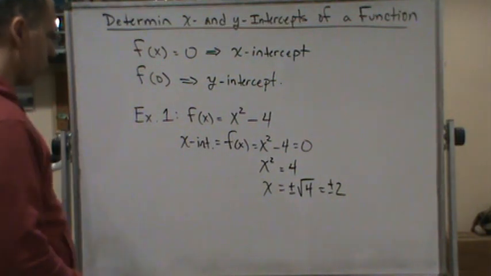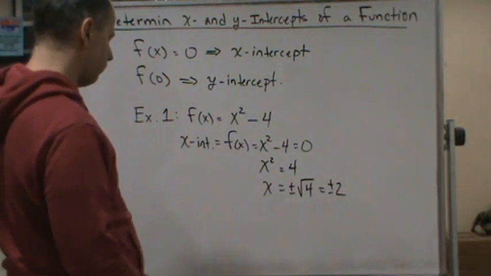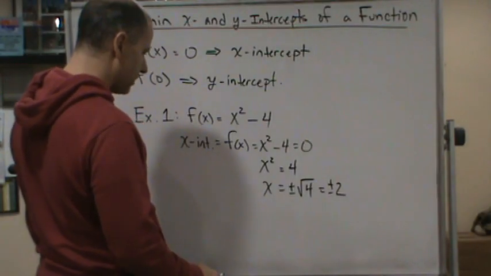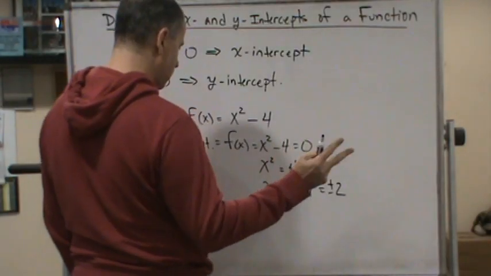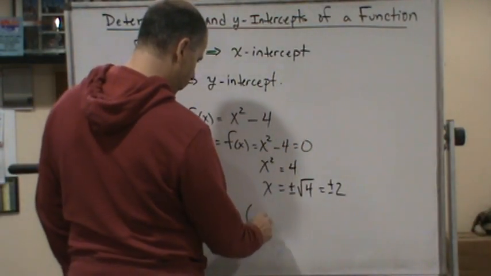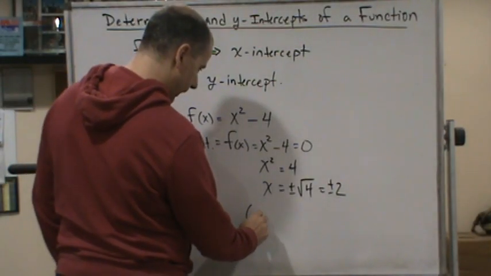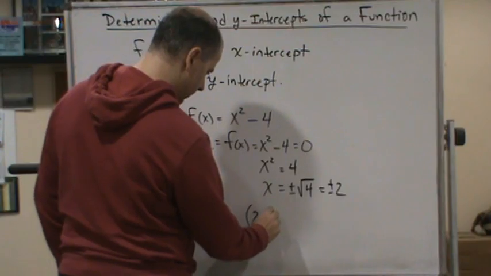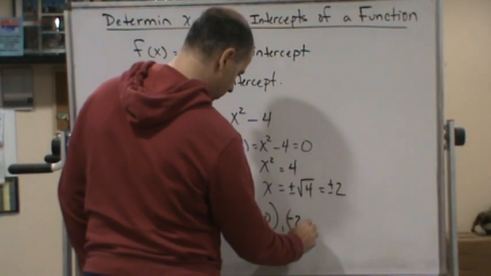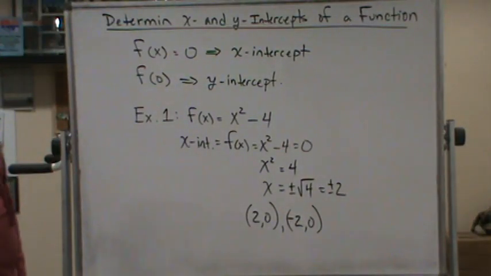Okay? All right, now that means that we have two x-intercepts. So when y is equal to 0, we have 2 comma 0, and we have negative 2 comma 0.